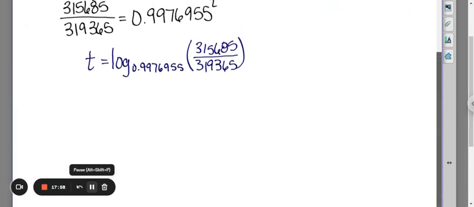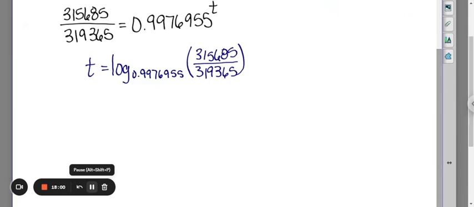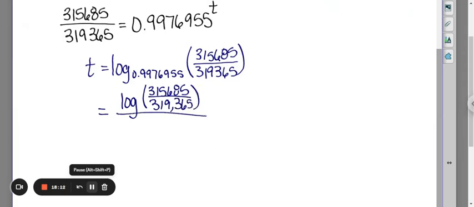All right, so common log. And then over 319,365 over the log of that lovely decimal.